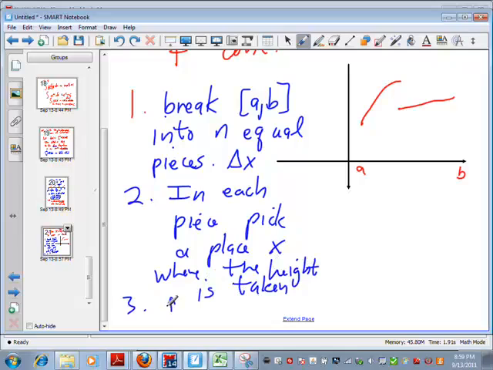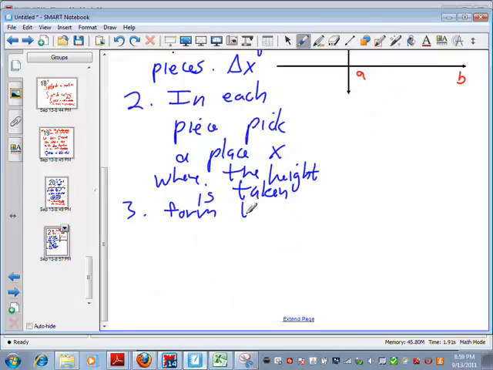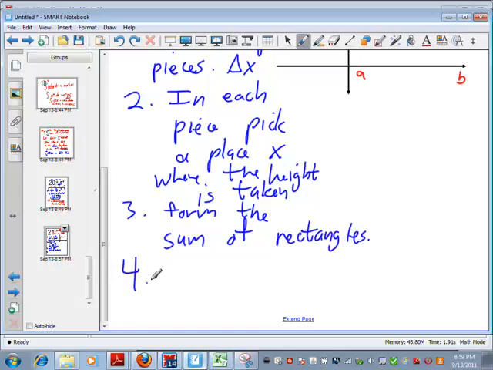And then form the Riemann sum. So form the sum of the rectangles. And then you let the number of rectangles tend to infinity.